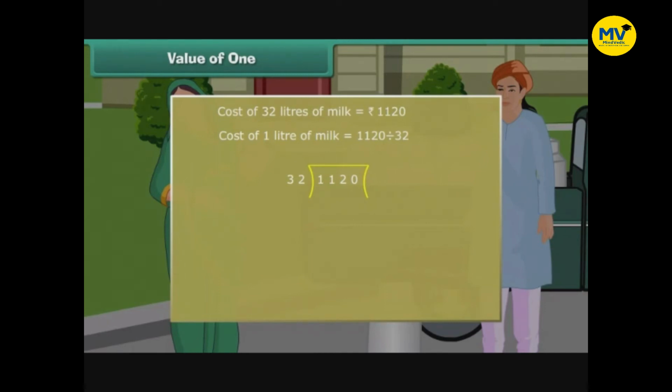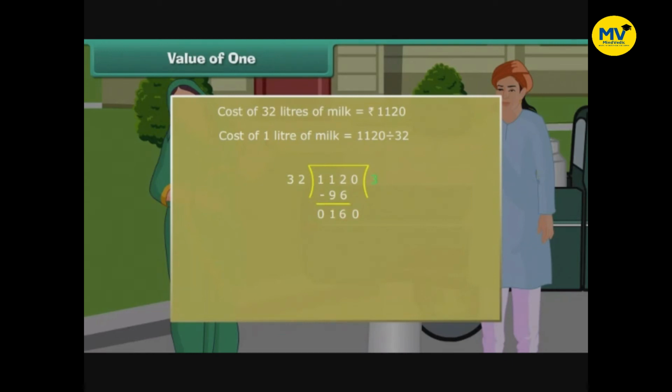Therefore, write 3 on the right side and 96 beneath 112. Subtract and write the difference 16 below. Bring 0 down. The new number formed is 160.